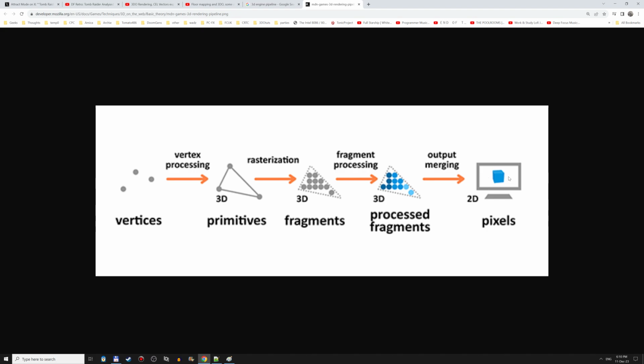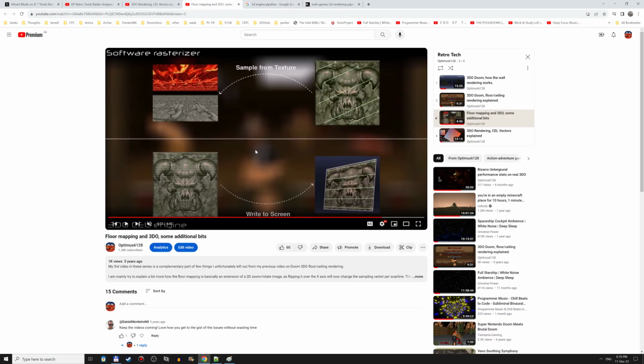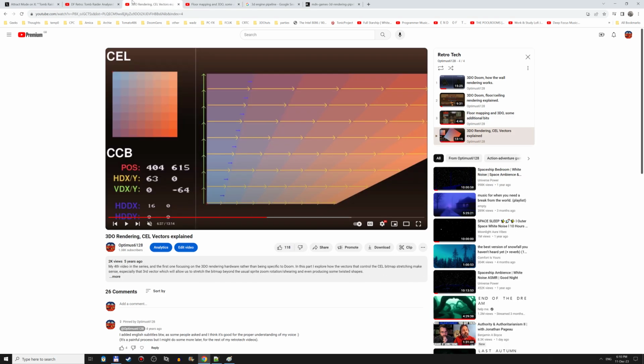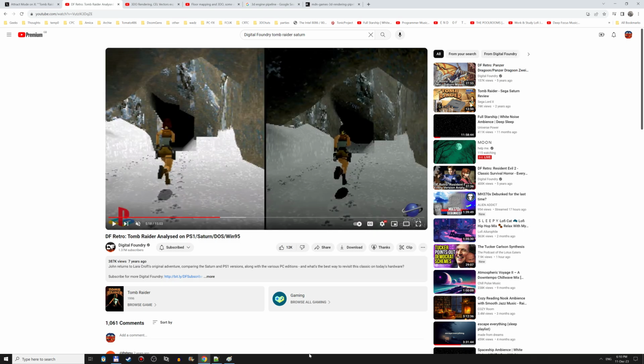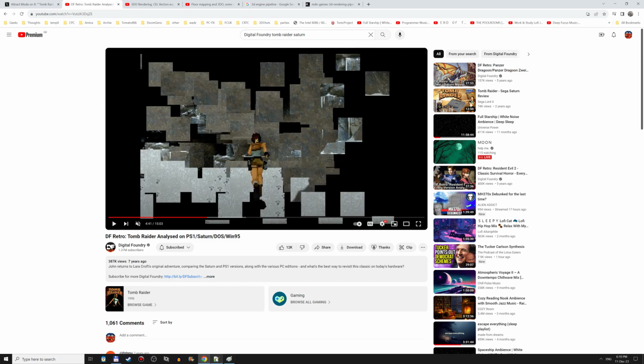But finally you have your vertices mapped in 2D. And in that final step, the 3DO or the Saturn comes and maps those polygons. And if you remove that mapping, you get this.